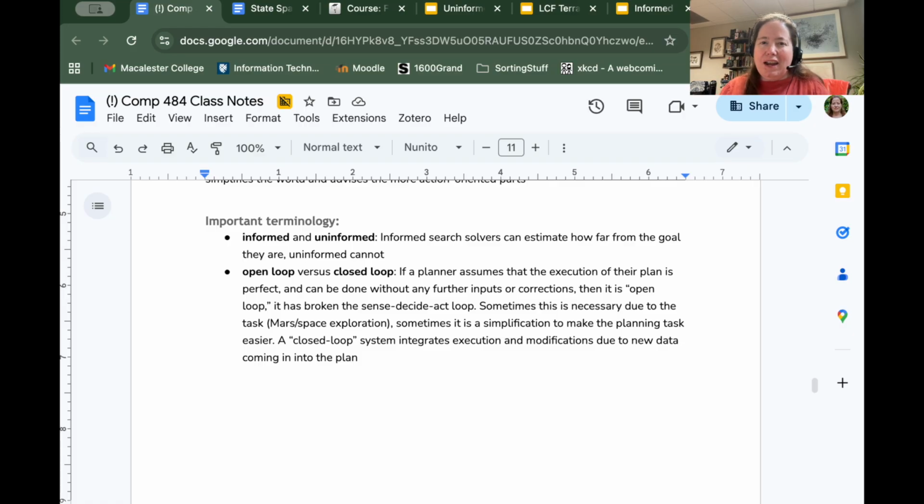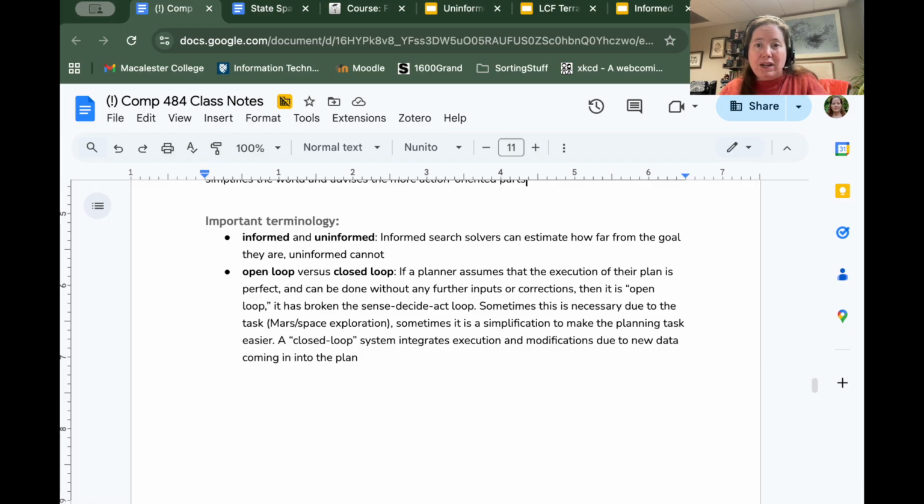It seems kind of odd to think of an uninformed algorithm, but what we mean is that informed algorithms know more about the problem space, and they are able to estimate how far from the goal they might be, how close they are to solving the problem. They have additional information that lets them do this kind of estimation.